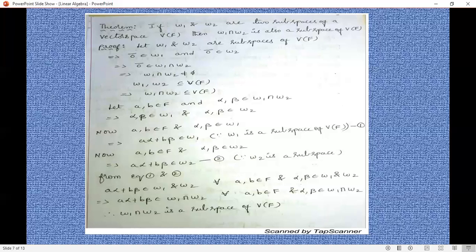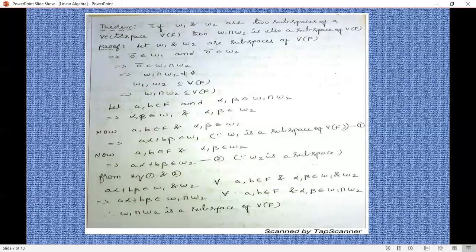Now we are considering a, b belong to F and alpha, beta belong to W1. This implies a alpha plus b beta belongs to W1. Why? Because W1 is already a subspace of V of F. So there is no need to prove that it is a subspace. It is enough to show that a alpha plus b beta belongs to W1.